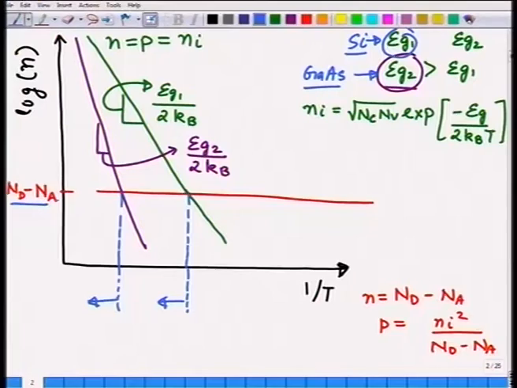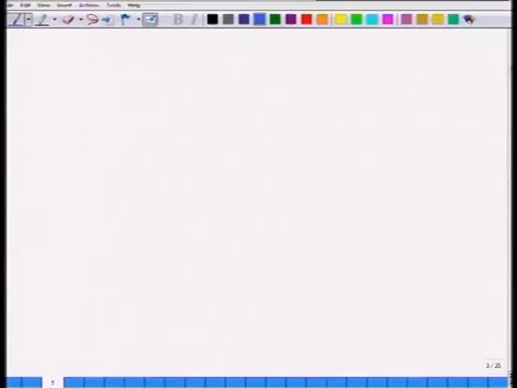Therefore, it takes a greater temperature to reach the same value as Nd minus Na, whatever is in your system, and hence they can operate in the exhaustion region up to a higher temperature. Sometimes in design considerations you may have to include this as well. So, that is another point I wanted to let you know about before I move on to what is called carrier freeze out.